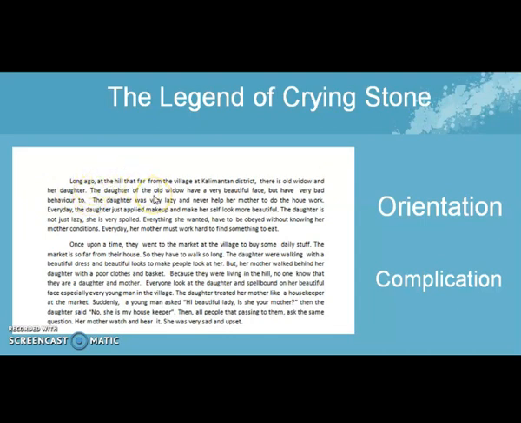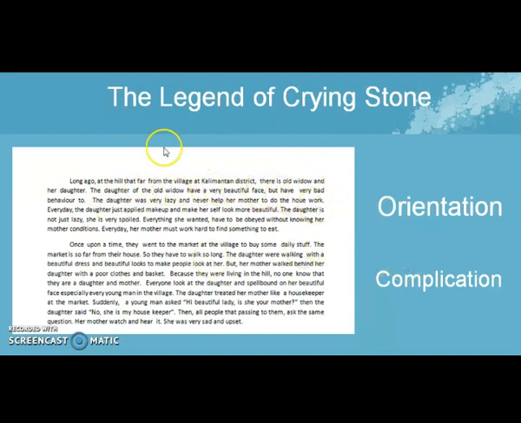We can also look at the characteristics of the actors. The daughter of the old widow has a very beautiful face, but very bad behavior. Or we can find it by looking at where they lived long ago, at a hill far from the village in the Kalimantan district, for example.